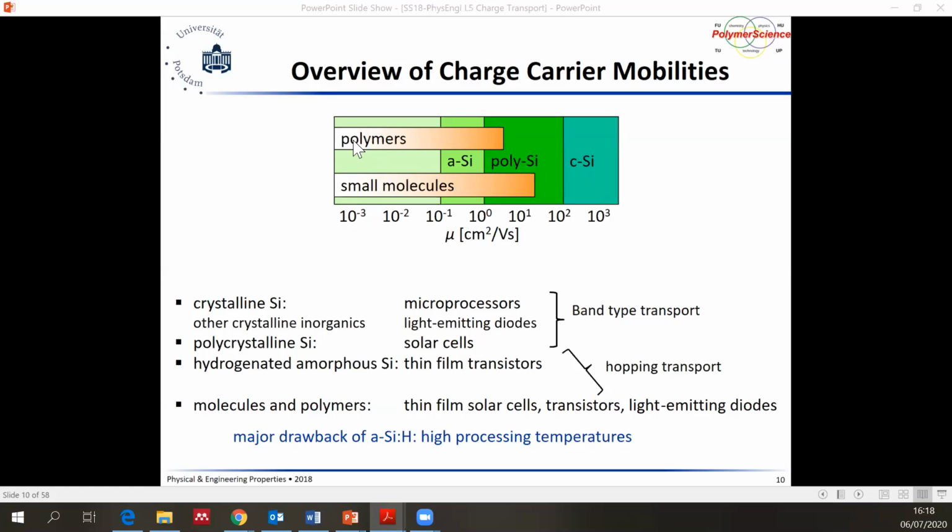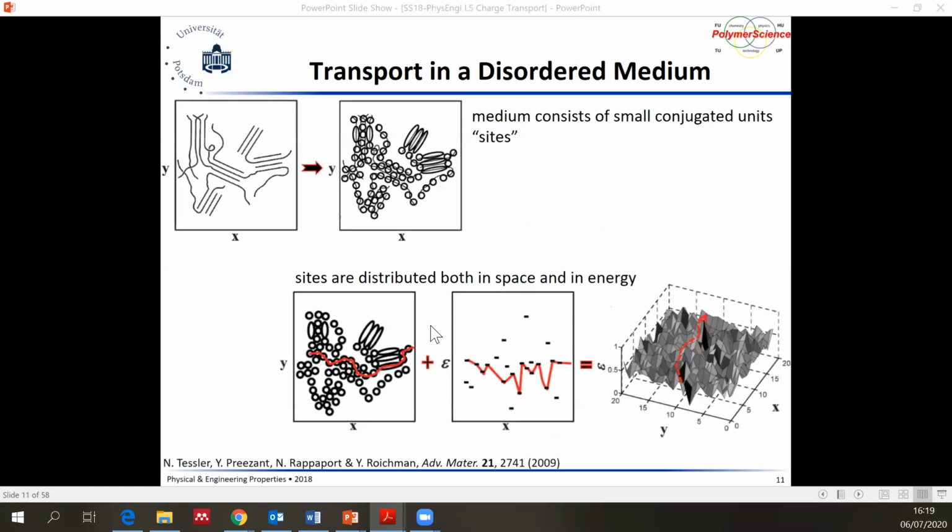Now, if we go to polymers, especially organic polymers, some of the good ones actually have mobility of the order of 10 to the minus 3. So you can see polymers and crystalline silicon have a difference in mobility of about 10 to the power of 6, which is quite significant. Because of this, it ends up making the performance of the electronic device somewhat different. But we won't talk about that now.